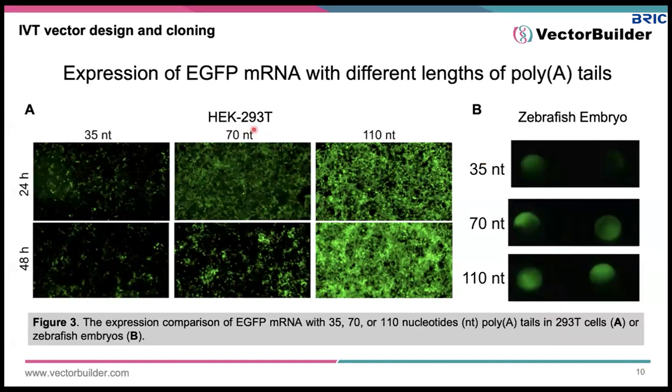First, in 293T cells, we transfected EGFP coding mRNA with different lengths of poly A tail from 35 nucleotides to 70 and all the way to 110 nucleotides. And at 2 time points post-transfection, you can see consistently that a longer poly A tail had better expression of the EGFP. And of course, the one with 110 nucleotides had the best expression.